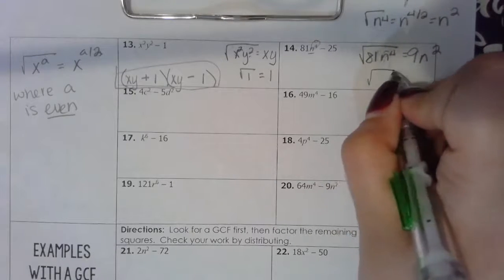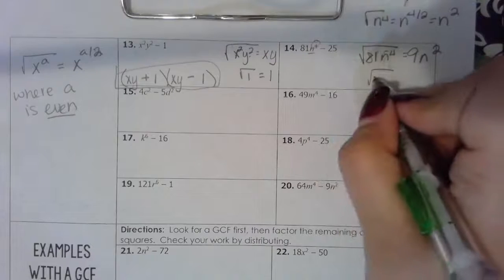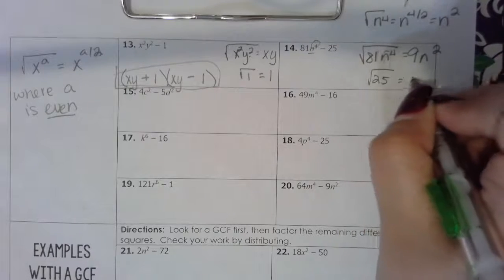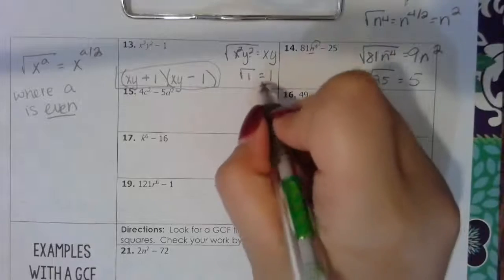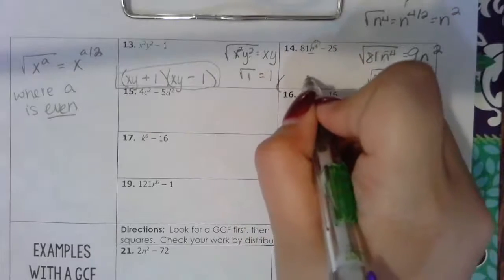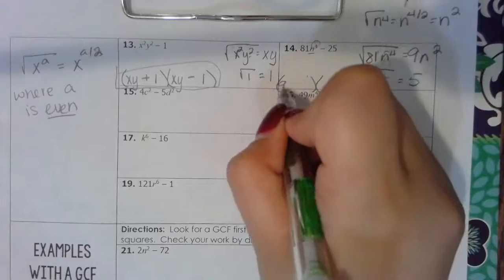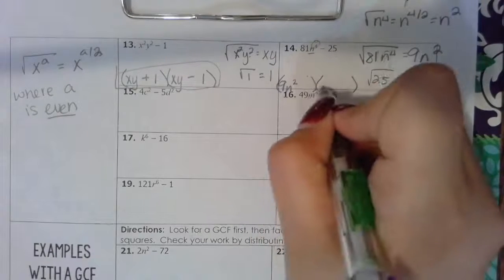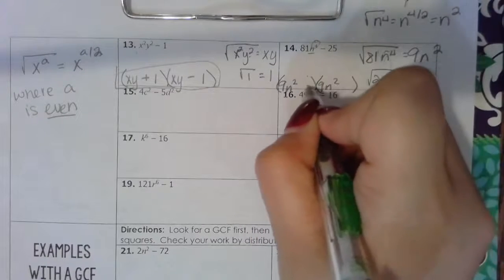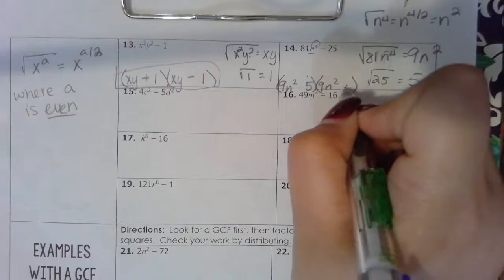Then the square root of 25 is 5. So drawing our two sets of parentheses, we would have 9n squared, and then we would have 5 and 5.